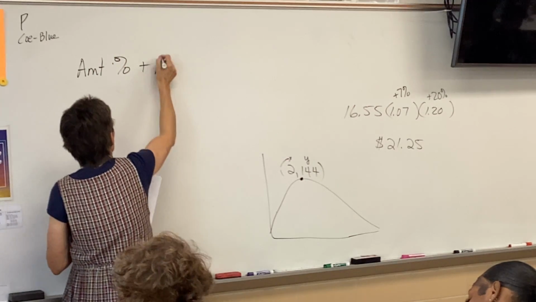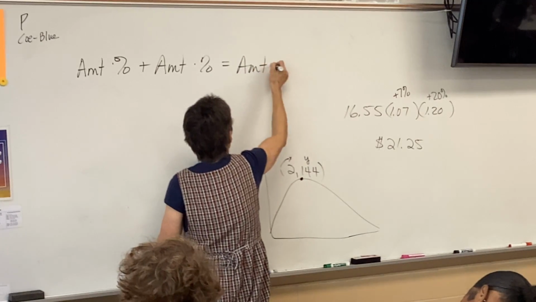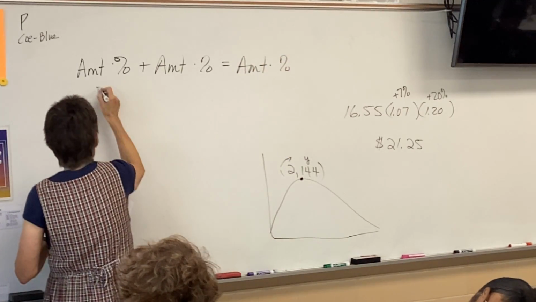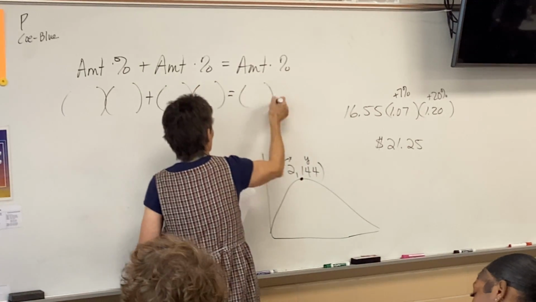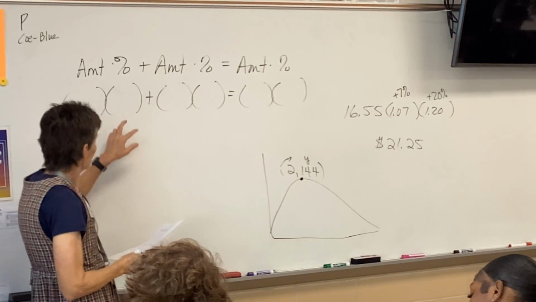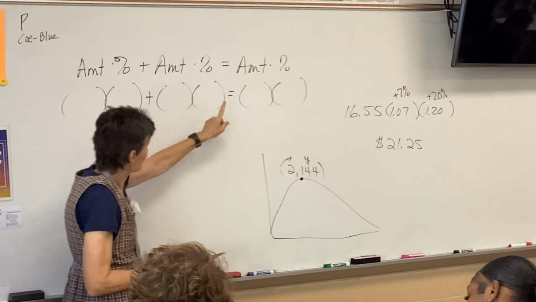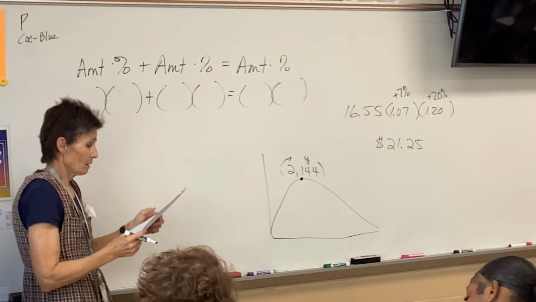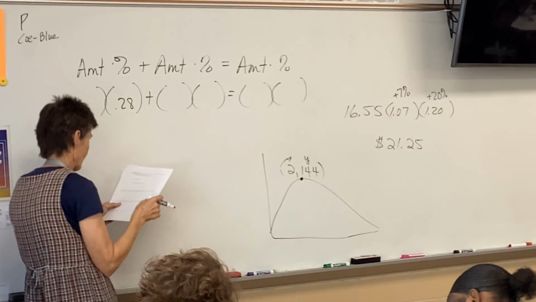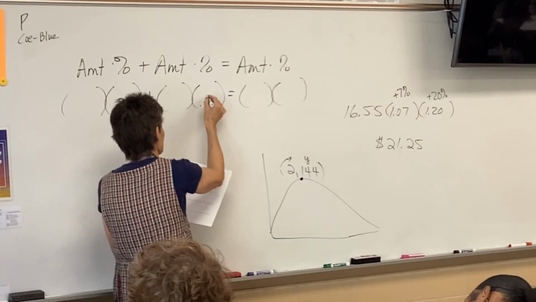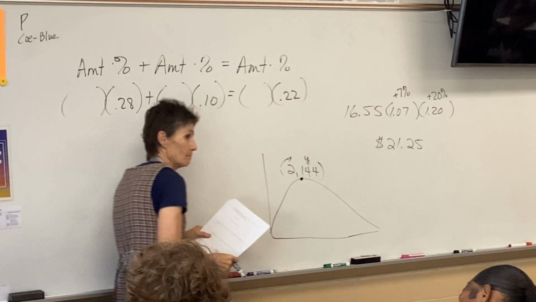Set up my little formula here. And I know I've got 6 things to put in. Each pair is multiplied. These 2 are added to equal that one. Alright, so what do we got? 28% Kool-Aid, 10% Kool-Aid, and 22% Kool-Aid.